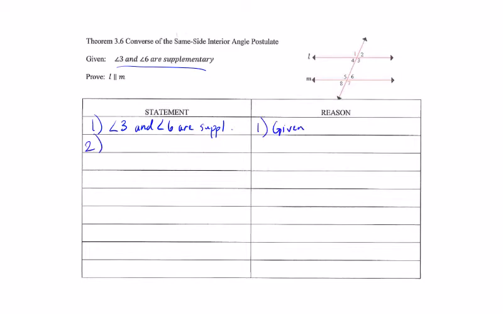All right, and then the second step. So we once again have various routes we could take with this. But I'm going to say that 6 and 7 are also supplementary because they're a linear pair. So I'm going to say angle 7 and angle 6 are supplementary. And the reason: linear pair postulate.